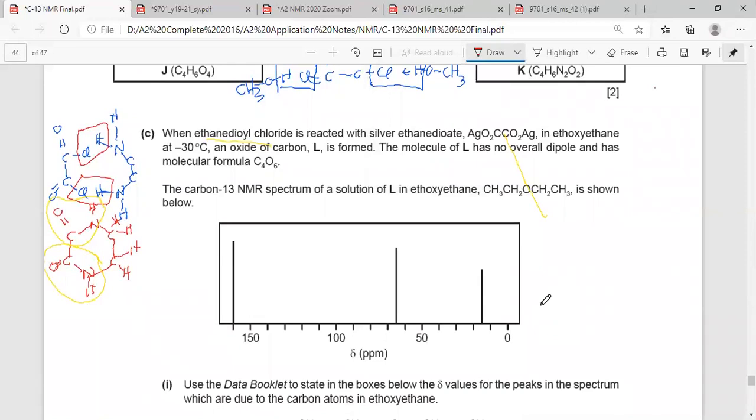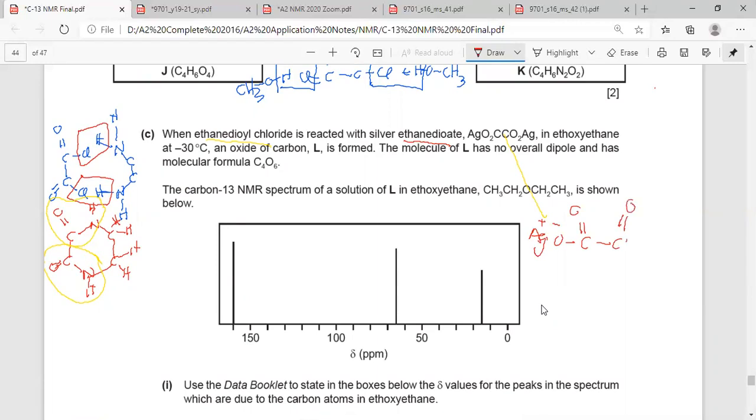Silver ethanoate, you should know this one, which has this structure. It's just a salt, that's all. Minus, Ag plus. You've done it before with sodium ethanoate in your titration, AS. Of course, you forgot lah.